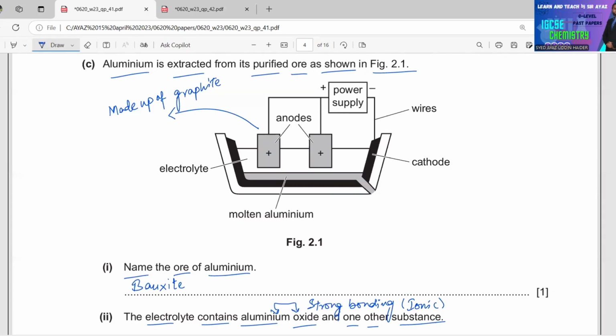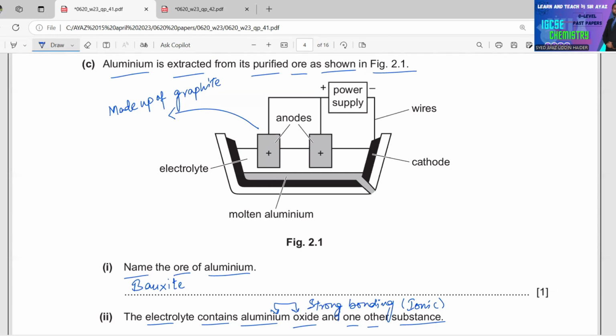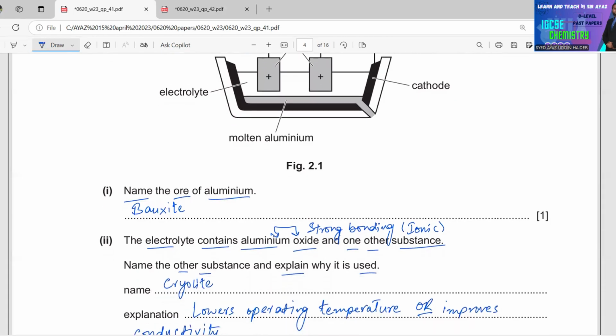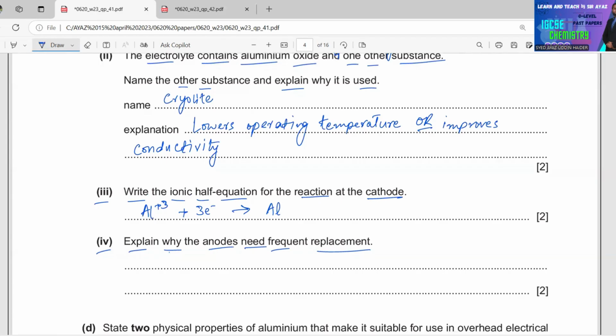You can write carbon or graphite reacts with oxygen to form carbon dioxide. Because oxygen is produced at anode, it will react with the carbon of graphite. And during this reaction, carbon dioxide is produced. And this results in the reduction of carbon anode. So this needs to be replaced frequently.